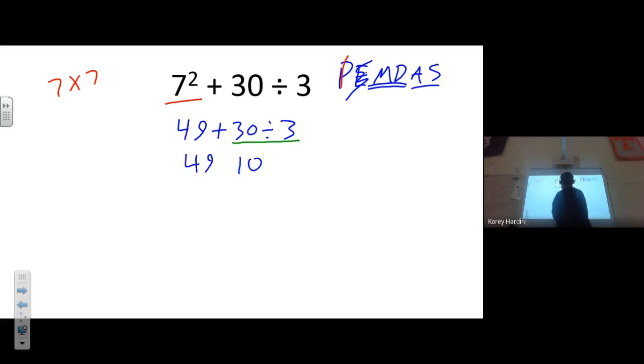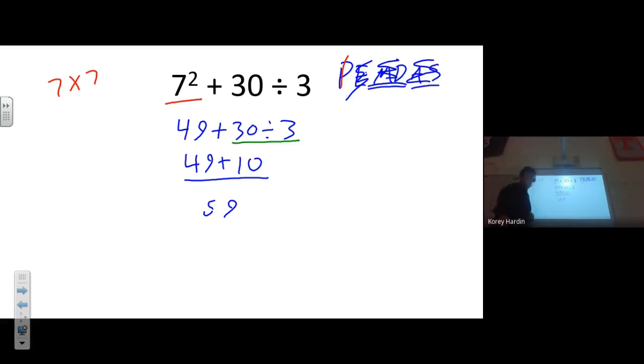So I've got 49 plus 10. Done with multiplication and division. So last step, addition and subtraction. Only thing I've got left is one problem right here. So 49 plus 10 is 59. All right, so 59. Make sure you have this one copied down as well, please.